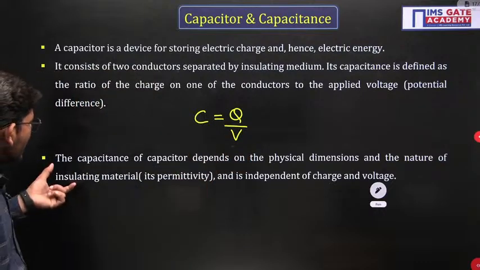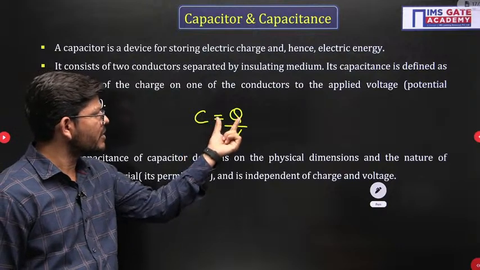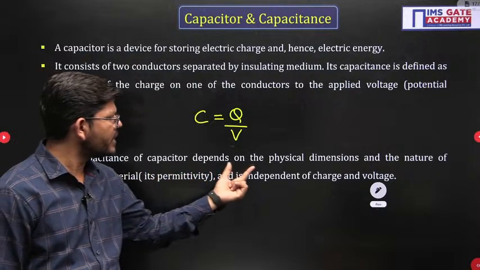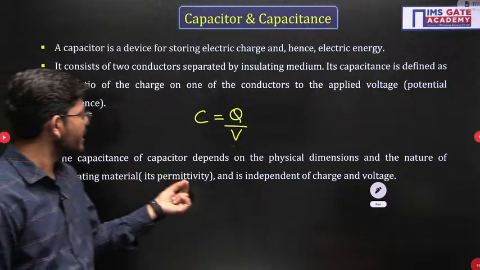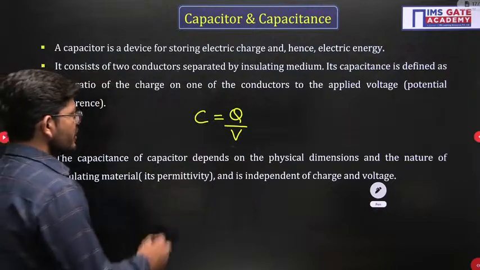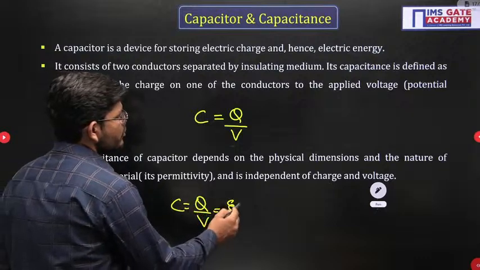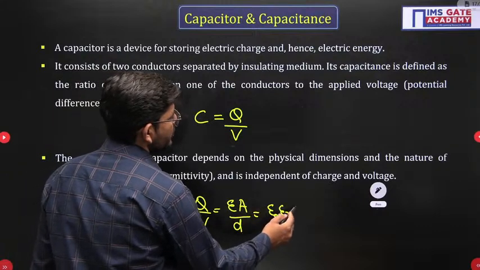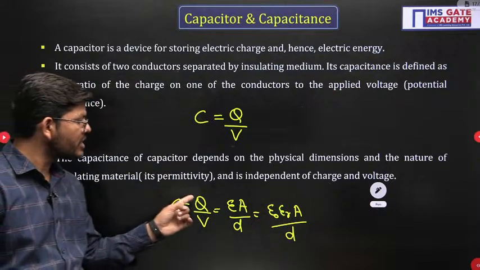Now you can consider from here that capacitance depends upon the charge and voltage. No. The capacitance depends on the physical dimensions and the nature of the insulating material, its permittivity, and is independent of charge and voltage. So C is equal to Q over V, and this is also equal to epsilon A by D, or we can write epsilon naught epsilon R A by D. So capacitance does not depend only on charge and voltage.